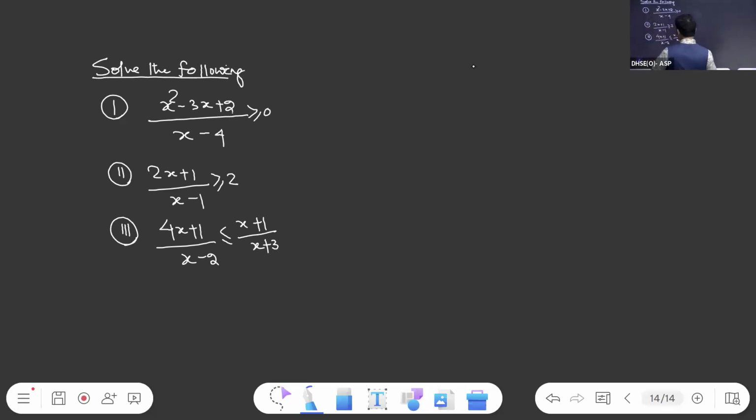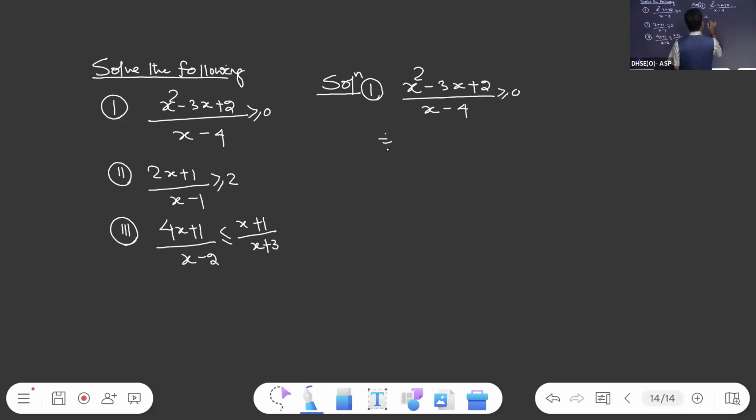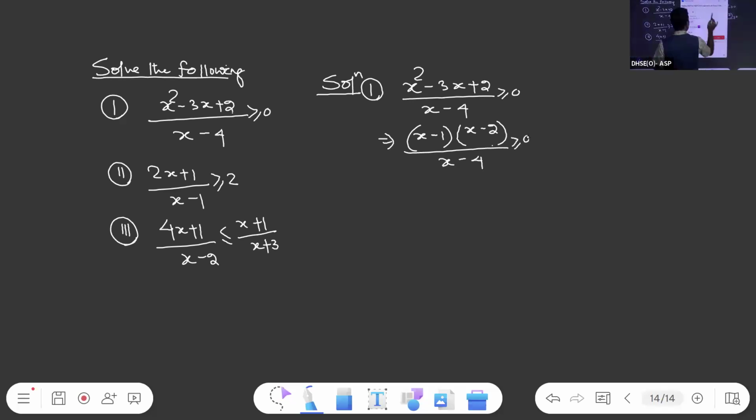Okay, let's start solving. Solution. Come to the first one, x square minus 3x plus 2 upon x minus 4 is greater or equal to 0. This implies x minus 1 into x minus 2 upon x minus 4 is greater or equal to 0.